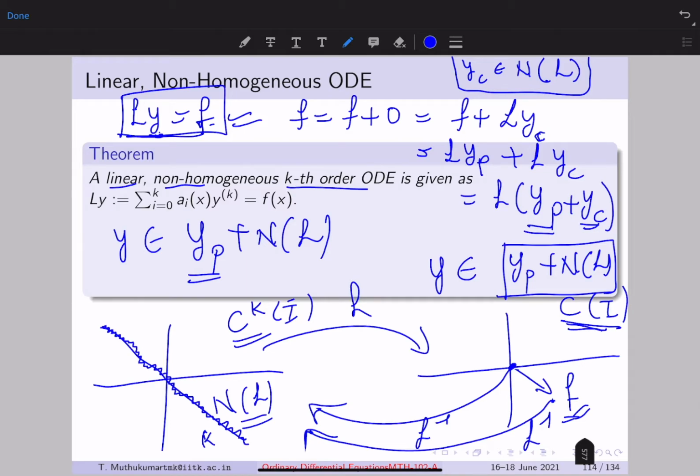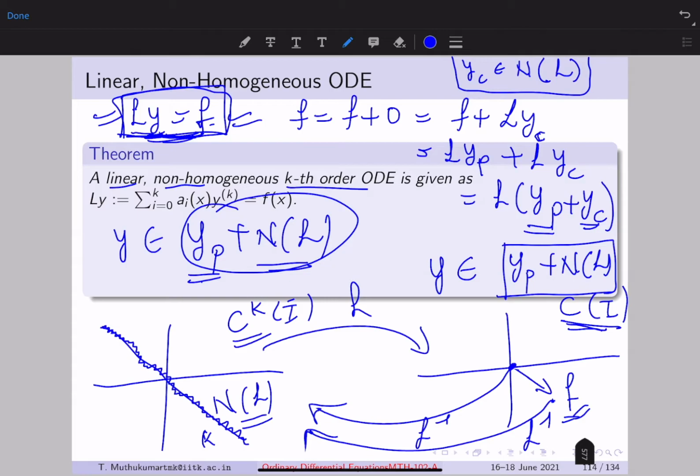So basically, if you want to solve this ODE, it's enough to find one solution which satisfies this equation. Let's call it yp, and then you translate the null space with that solution, and every element of this set is a solution to this ODE. This is from the vector space structure.